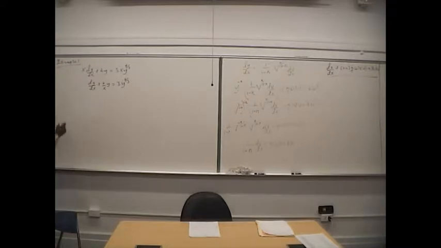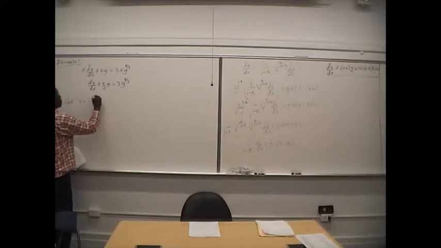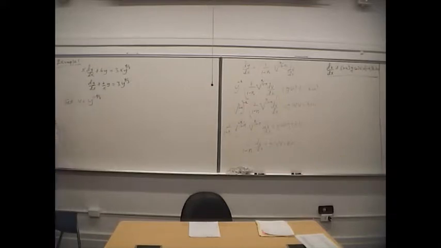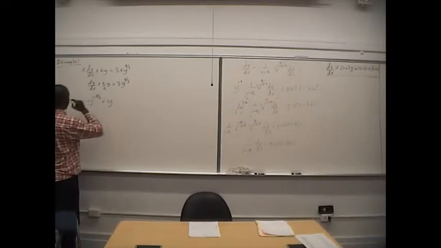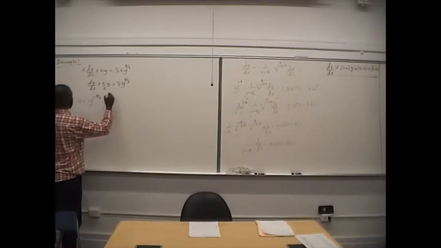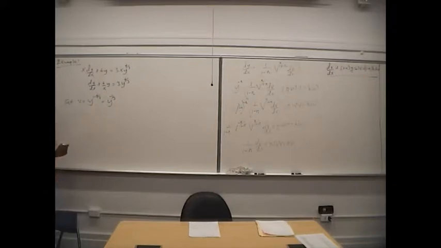So we'll proceed, and we'll set v to be y^(1-n). Here, my n is 4/3, and so this is y^(1-4/3), which is y^(-1/3).